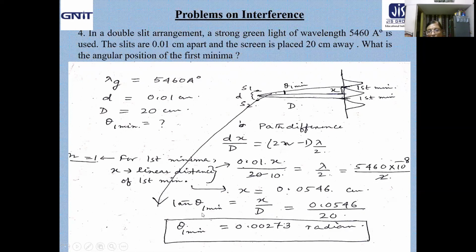Since it is very small, we can write tan theta minimum nearly equal to theta minimum, and you will get theta 1 minimum, the first minima. Mind it, it is in radian, because everything is given in the length unit, that is in centimeter. Problem is a little bit different, but I hope you understood it. Isn't that?